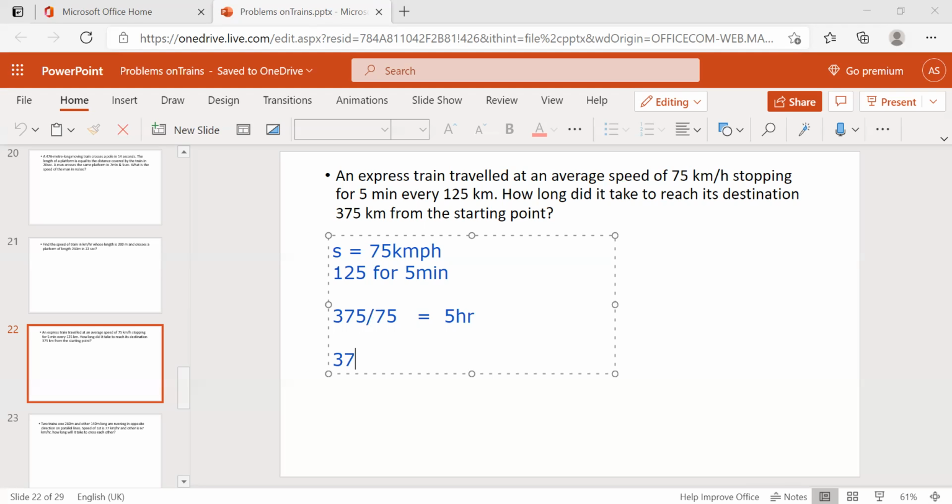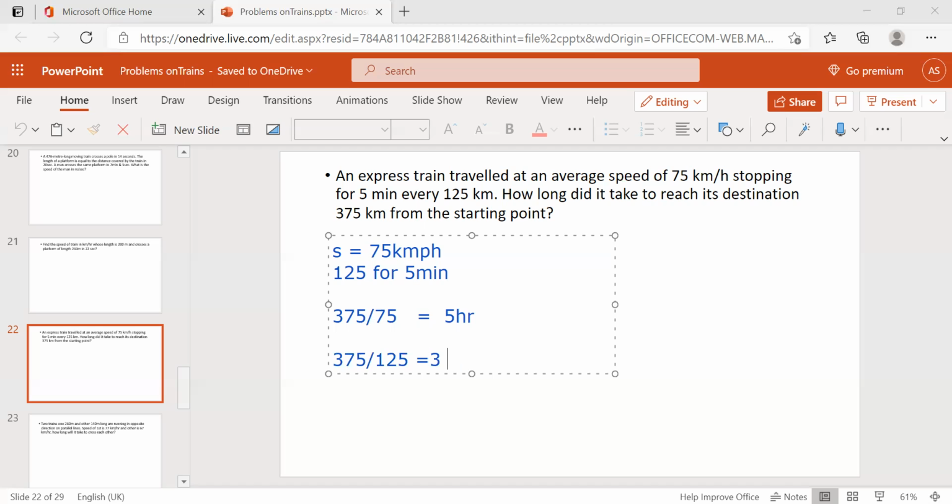So in 375, how many 125s will come? Just divide by 125. It's nothing but 3, right? 3 times 125 is 375. But here you need to notice the last stop. Suppose the train started here.